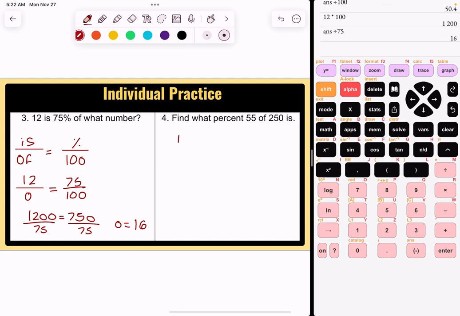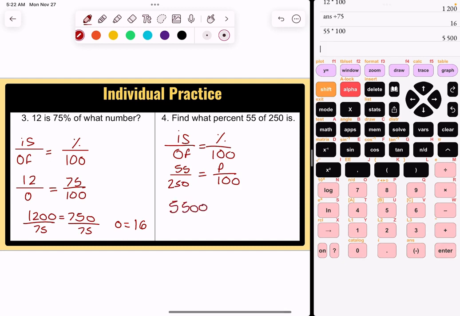Alright, again, is over of equals percent over 100. What percent? So we're not going to know what the percent is. 55 of 250. Alright, let's see. 55 times 100 is 5,500 equals 250p.